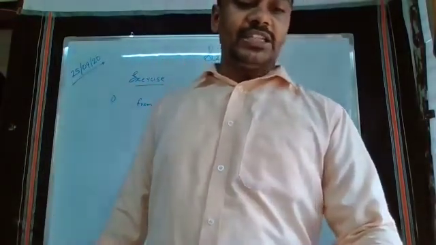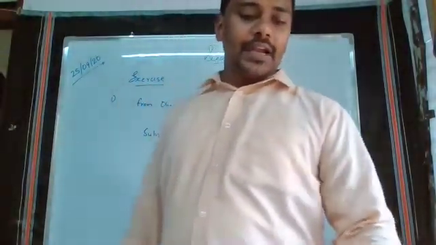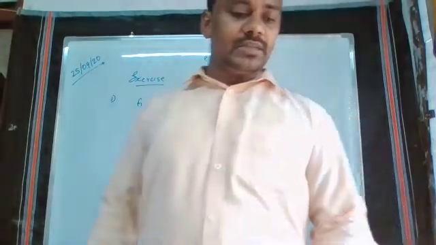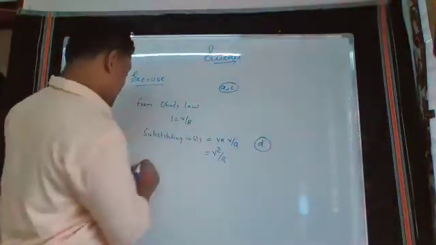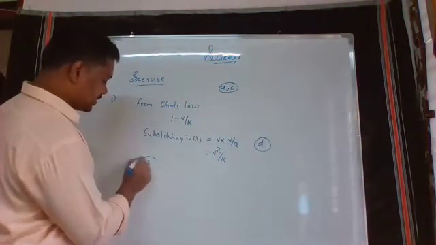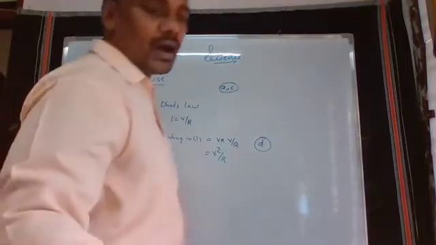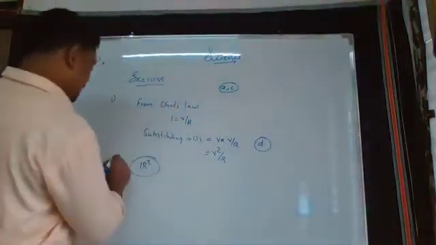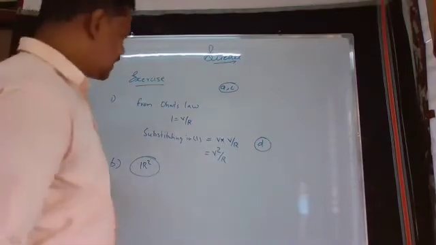The question is, which of the following does not represent electrical power in a circuit? Then the answer is IR square. Okay, that is our B option.